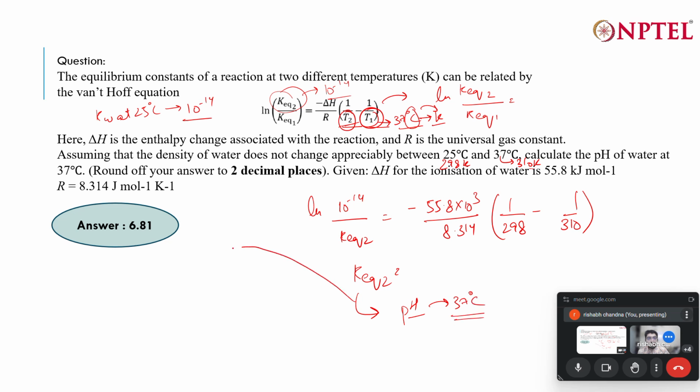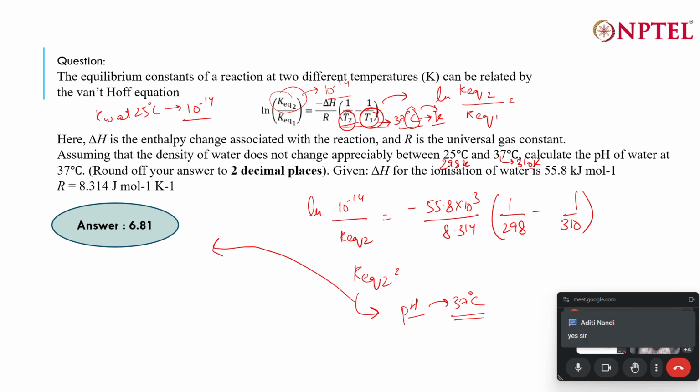So this would come out to be 6.81. Okay, is the explanation fine? If you guys have any problem in calculating, let me know. We'll discuss this in the next class also.